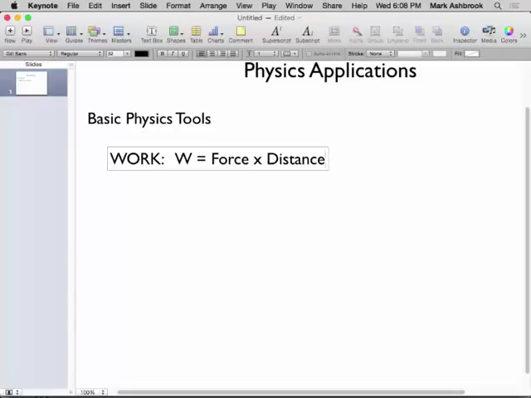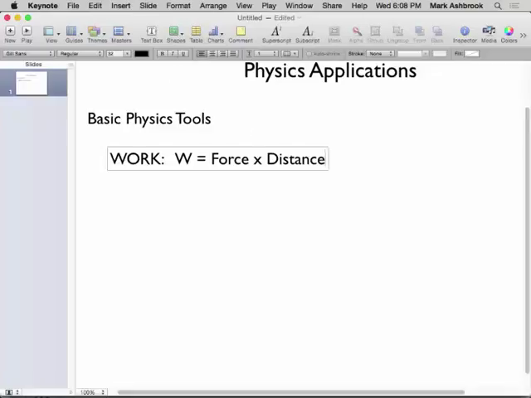But what if the force is variable? What if the force, as you're moving this thing over a distance, varies as a function? Then you can't use this. So in that case, how will we calculate the total work?